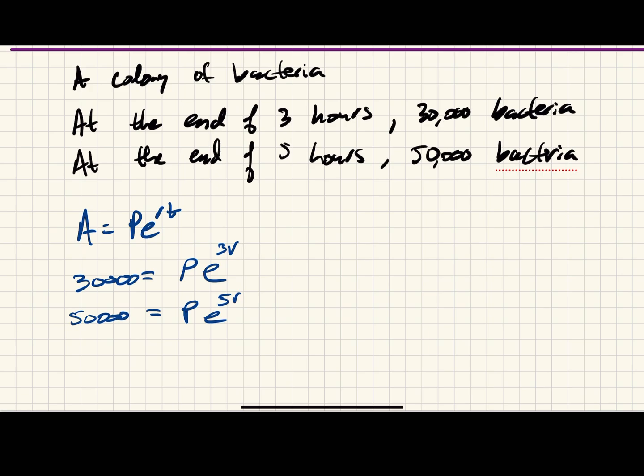Like I could solve them both for P and then set them equal to each other. Let's do that. In the first one, I'd just divide both sides by e to the 3r, right? So in the first one, I'd have P equals 30,000 over e raised to the 3r. And in the second one, I'd have P equals 50,000 over e to the 5r.